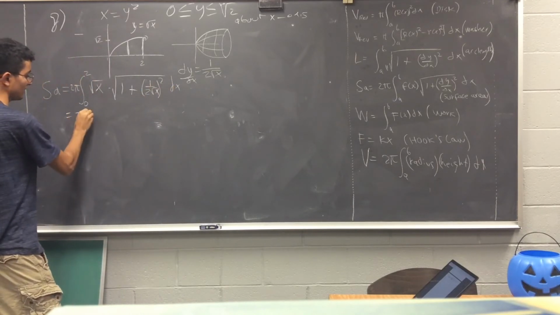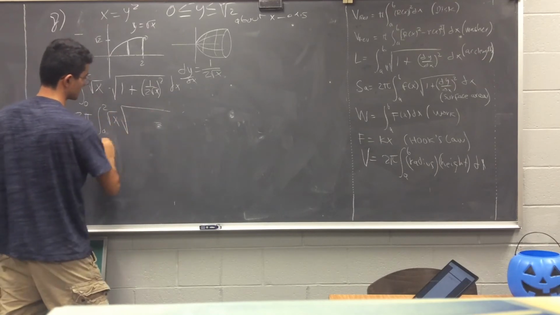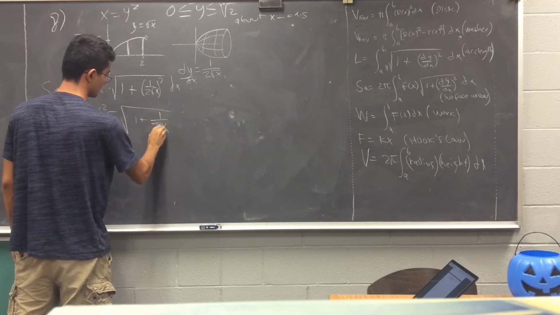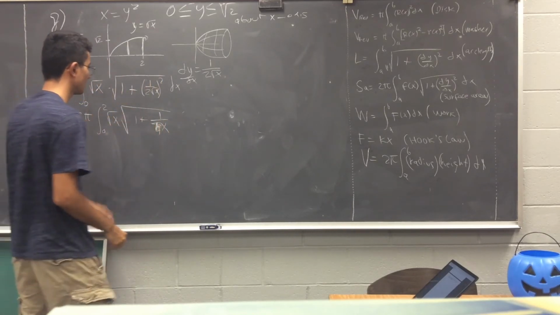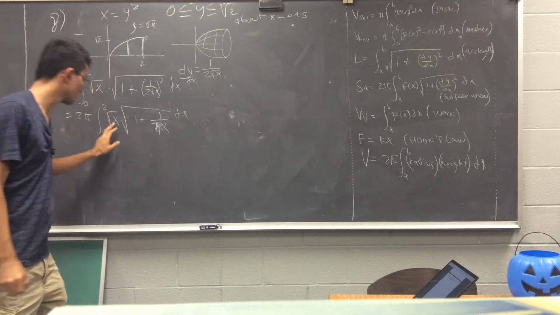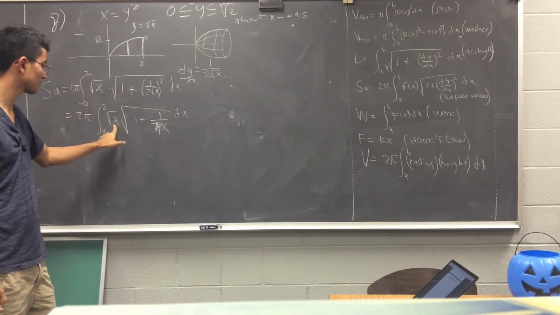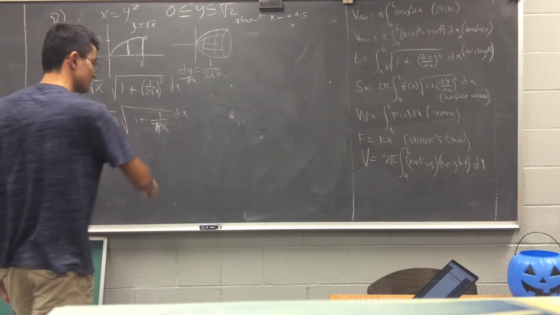That's going to be 2 pi integral from 0 to 2 of radical x times radical of 1 plus 1 over 4x, because it's 2 squared, and radical x squared is x, dx. Now look at this. We're multiplying two radicals together, and if they have the same power, we can bring this inside and see what cancels out. So let's see what happens.